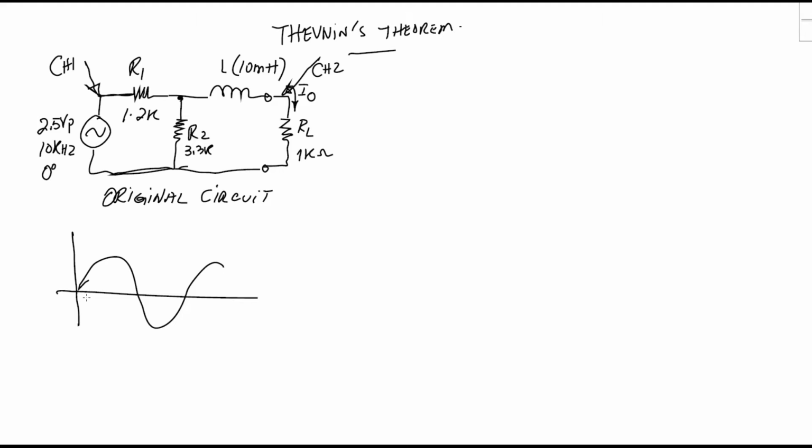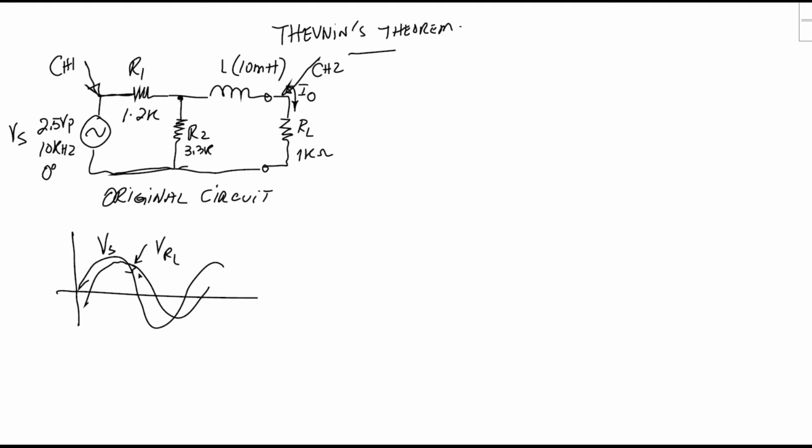So it can be with the phase shift, for example, something like this, and smaller, of course. This will be V source, Vs, and this will represent V R load.